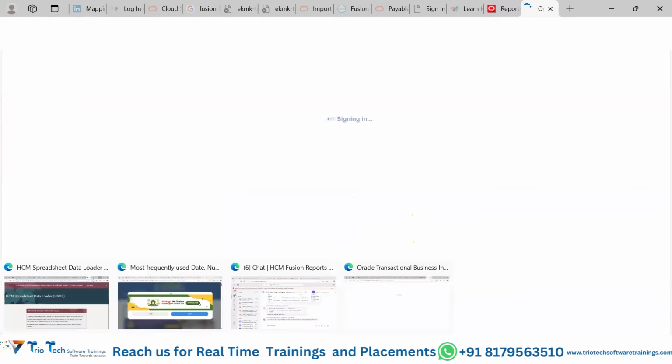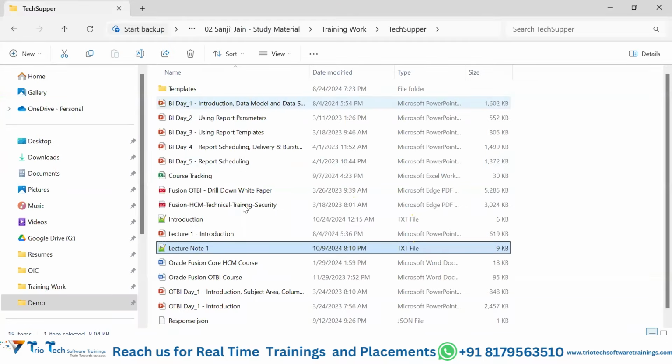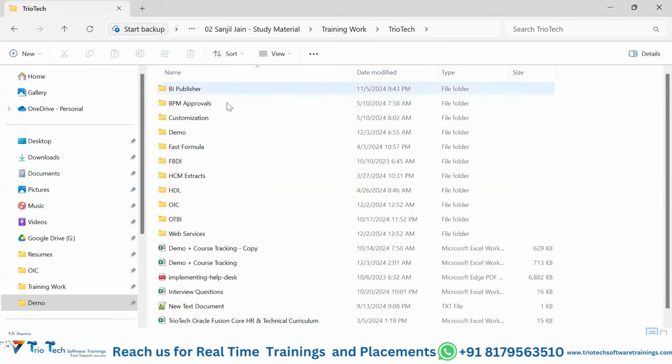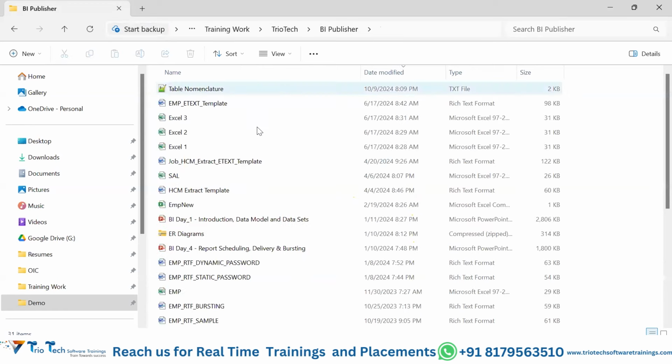Meanwhile, this will be opening, guys. Let me show you that as part of this training, from the day you get enrolled, you will be getting all this material for all the techniques that we are going to learn: the handwritten notes, any useful documents, any Oracle provided reference guides, self-made samples, table nomenclature, lists of details, and everything required for your easy reference to revise.